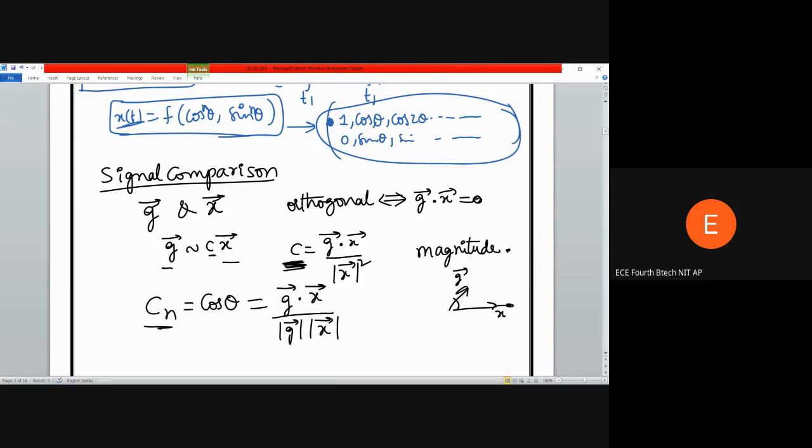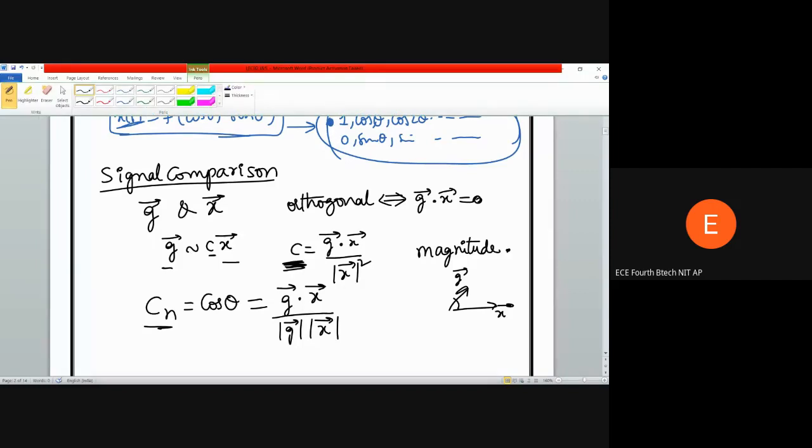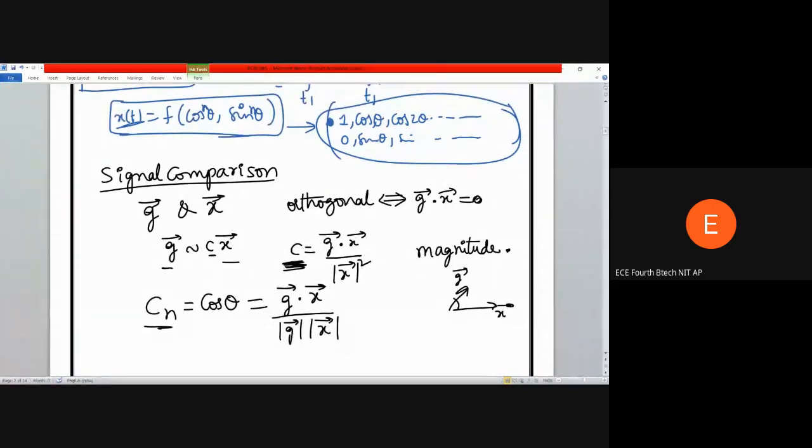This is how we define the similarity index, and we call this the correlation coefficient. Cn is called the correlation coefficient.